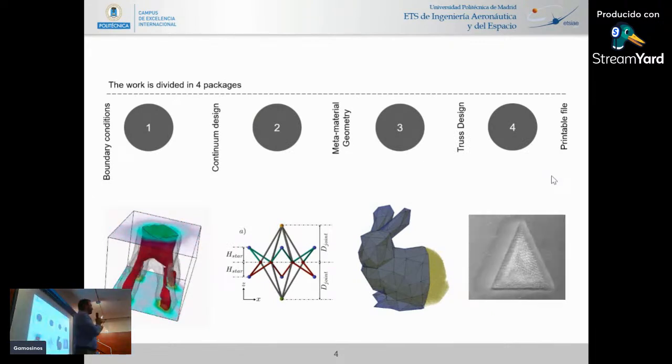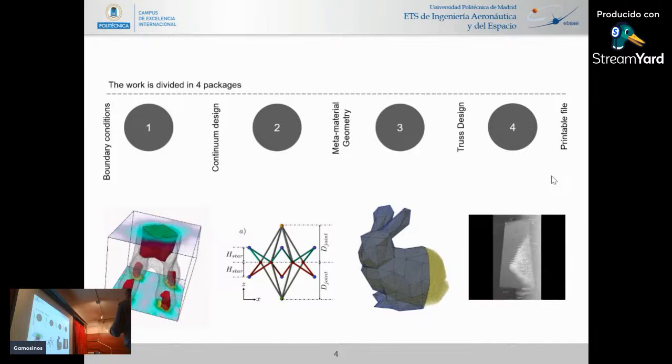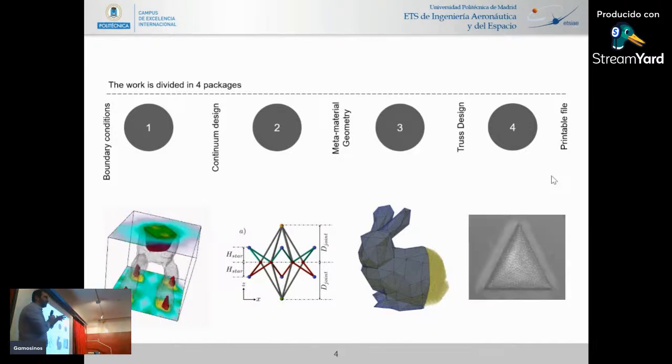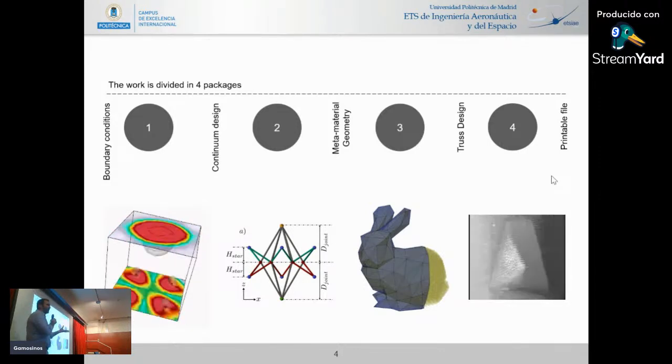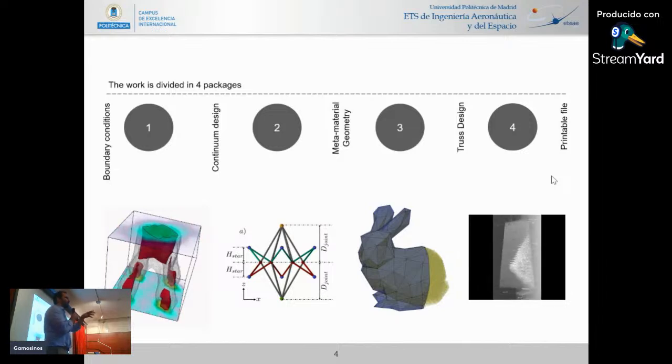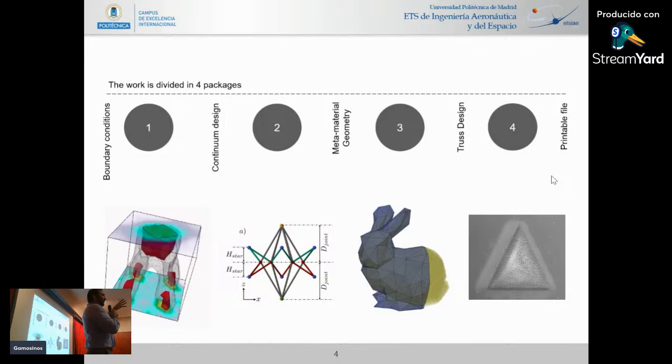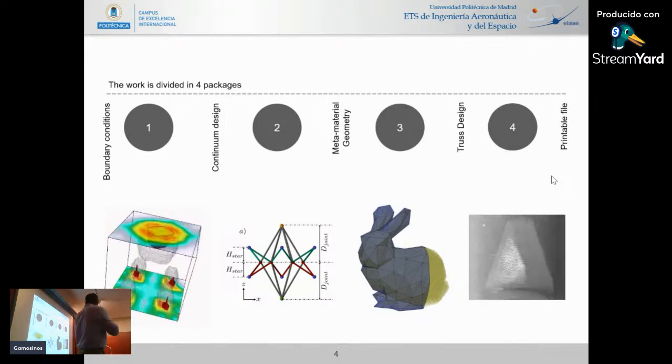Just to go quick, this is the full pipeline that we are developing. We start from the topological optimization, where we impose some conditions and we create the structure. So instead of having the structure and calculating it for validation, through the calculation we create the structure. So we do this the other way around.